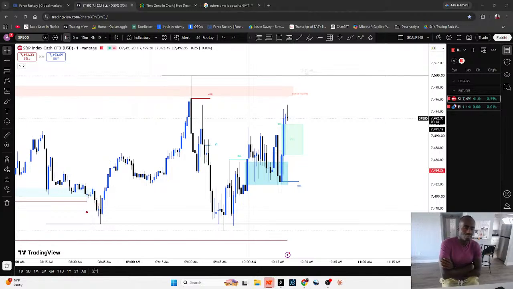I just like this one because it just looks the most obvious. If I'm bearish, you're retracing that into this bearish leg, and then we made another low.